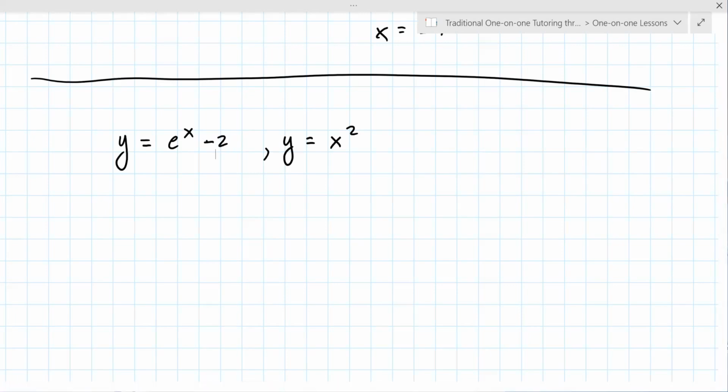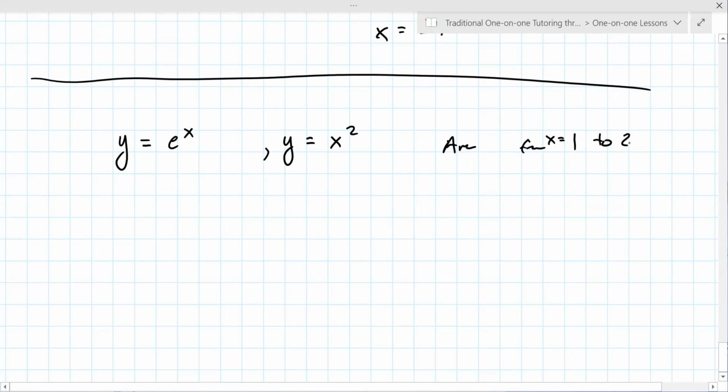I'm sorry, I'm trying to make this more complicated than I need to. So let me just go back to this. Could you set up the area from x equals 1 to 2 on this one, and get the correct top minus bottom here? Okay. And if you're not sure, let me know. I can provide some hints.